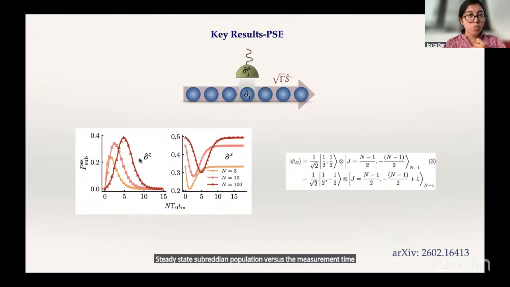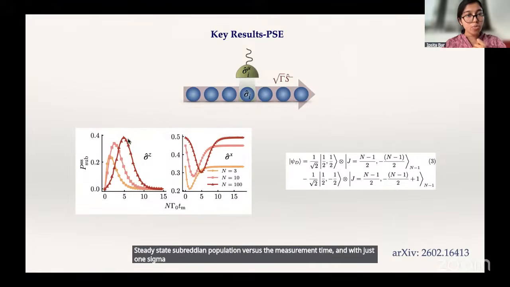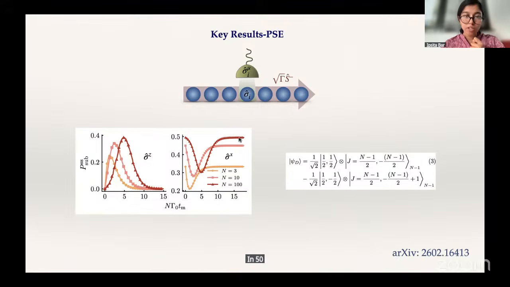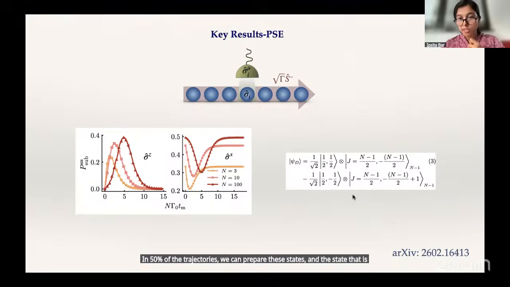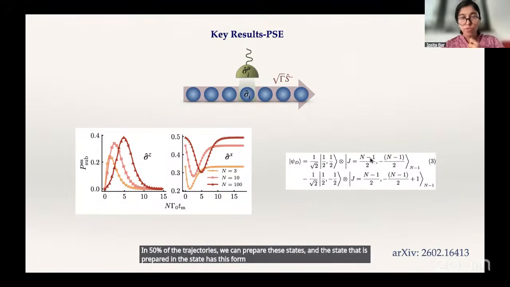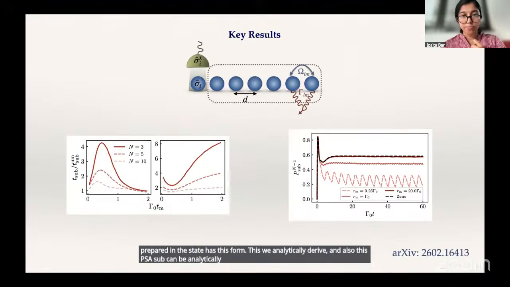And with just one sigma Z measurement, we can see that for large N, in 40% of the trajectories, we can prepare these states. And with one sigma X measurement, in 50% of the trajectories, we can prepare these states. And the state that is prepared in the steady state has this form. This we analytically derive, and also this PSS sub can be analytically derived.